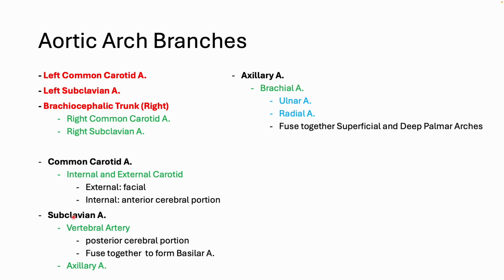And these vertebral arteries pass through the transverse foramina of your cervical spine and enter the back of your head, usually through the foramen magnum, which is the large hole that your spinal cord passes through to connect with your skull. Another branch off the subclavian is the axillary.